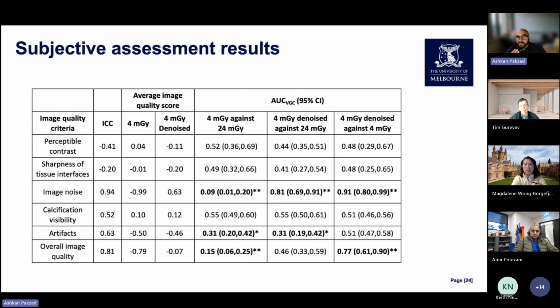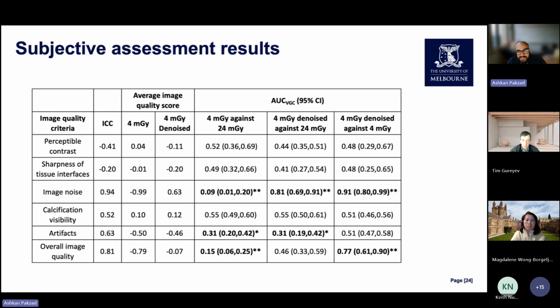So the denoised images were considered overall better than the original and less noisy than 24 milligray. And the denoised images were considered equivalent to the 24 milligray for all other criteria with no statistically significant differences. So another positive result for the denoising.